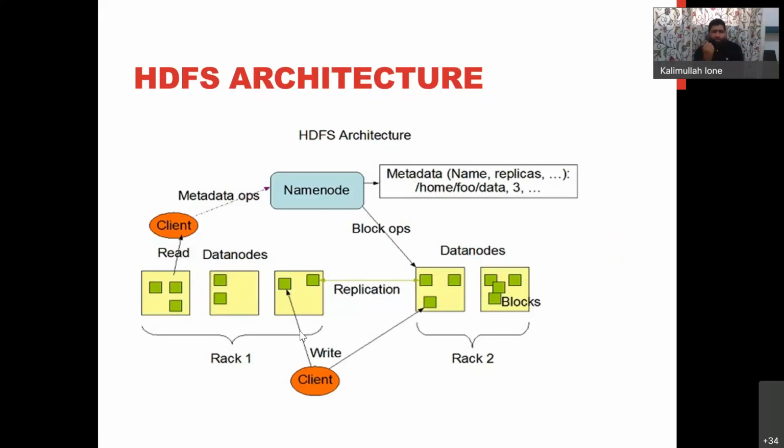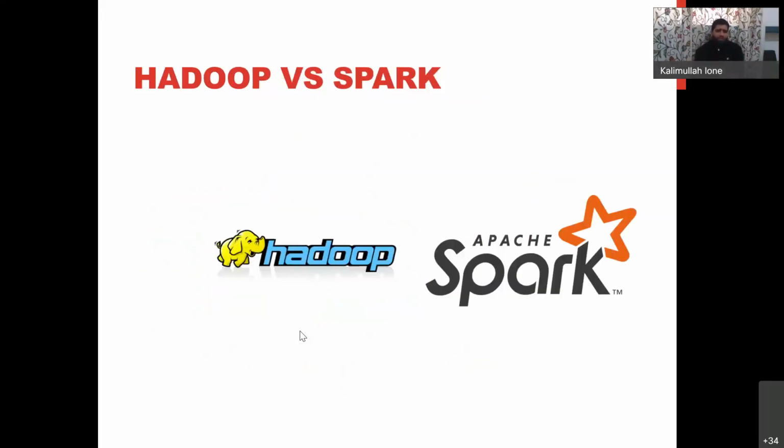I was working with Hadoop since 2015 or 16, I guess 15. But in the meantime, we came up with a new thing, Apache Spark. I will not explain Apache Spark in detail, but we will compare it on the basis of some parameters.